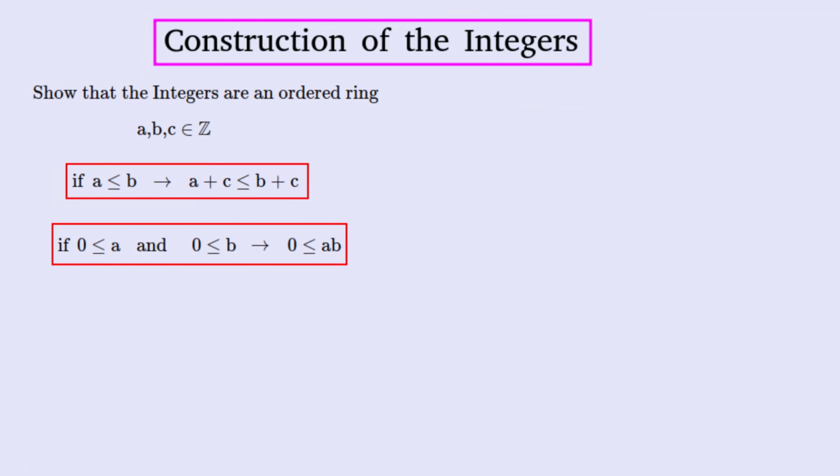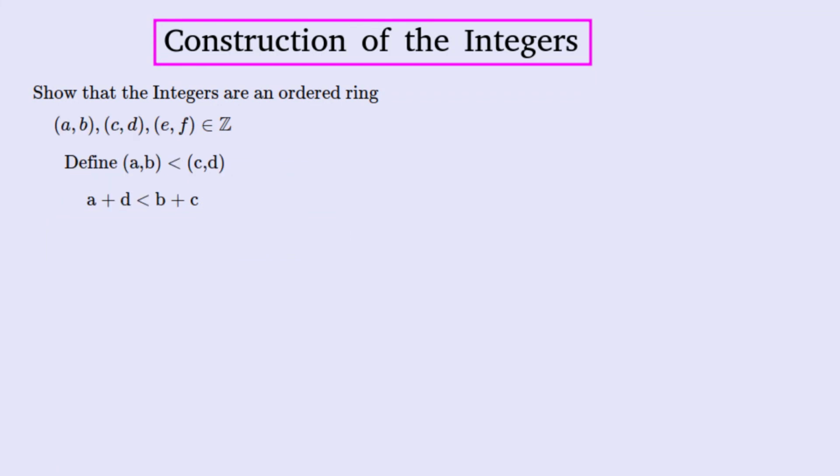Now we can prove that the set of integers is an ordered ring, just by proving these two axioms. One involves addition, and the other involves multiplication. We'll define the less than operator to be a relation, so that this equation is true. And this is why it is true, because the differences for each of the integers obeys this equation.